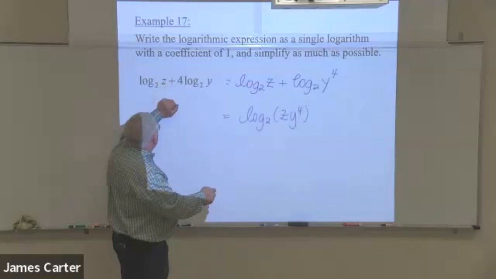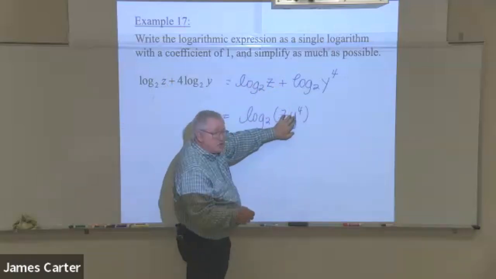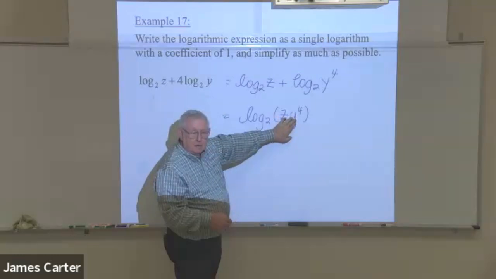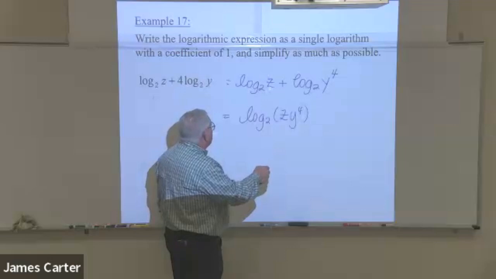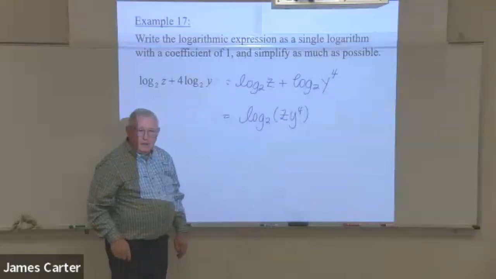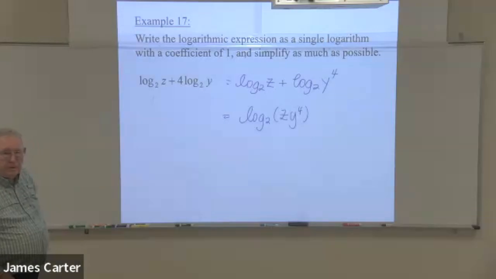So this one is positive, this one is positive, that means they're just multiplied together. So I've got the y to the 4, I've got the z there. Question? No? Okay.